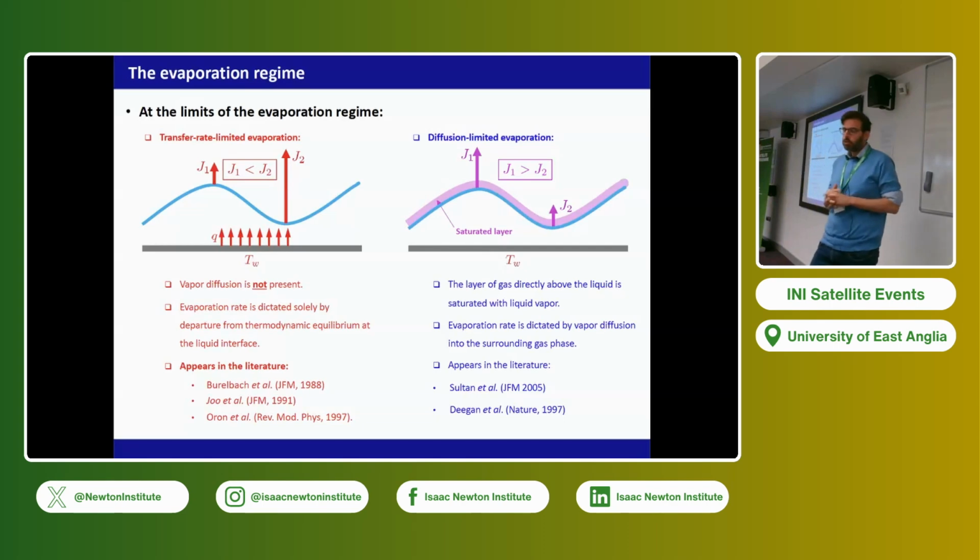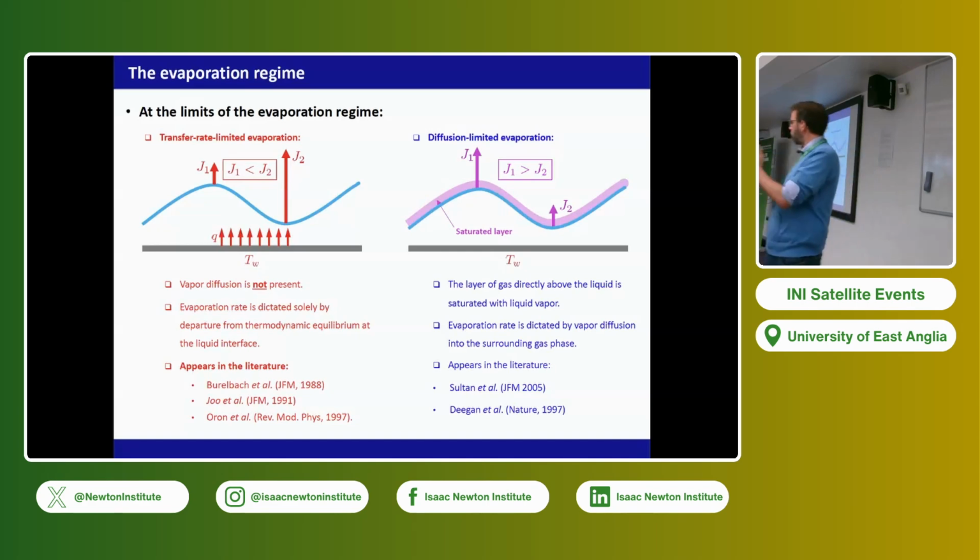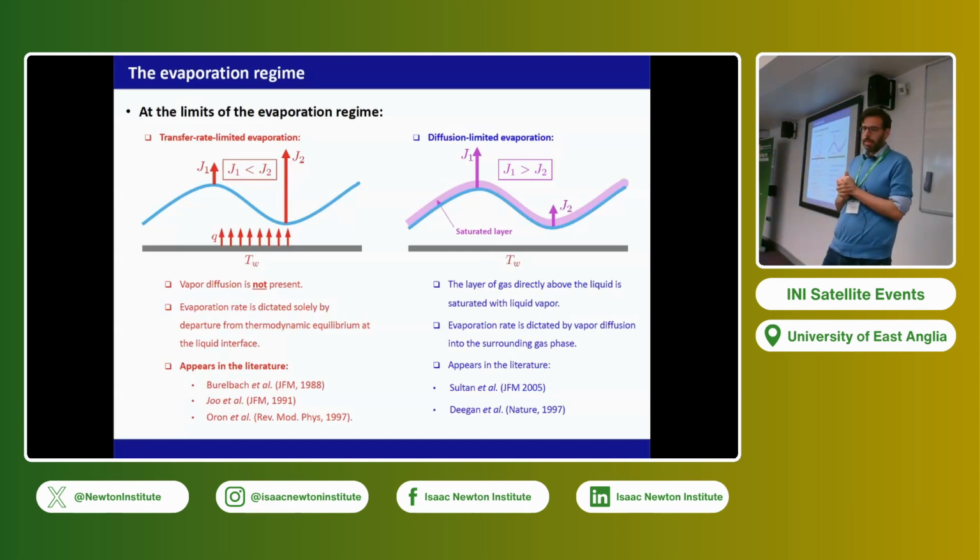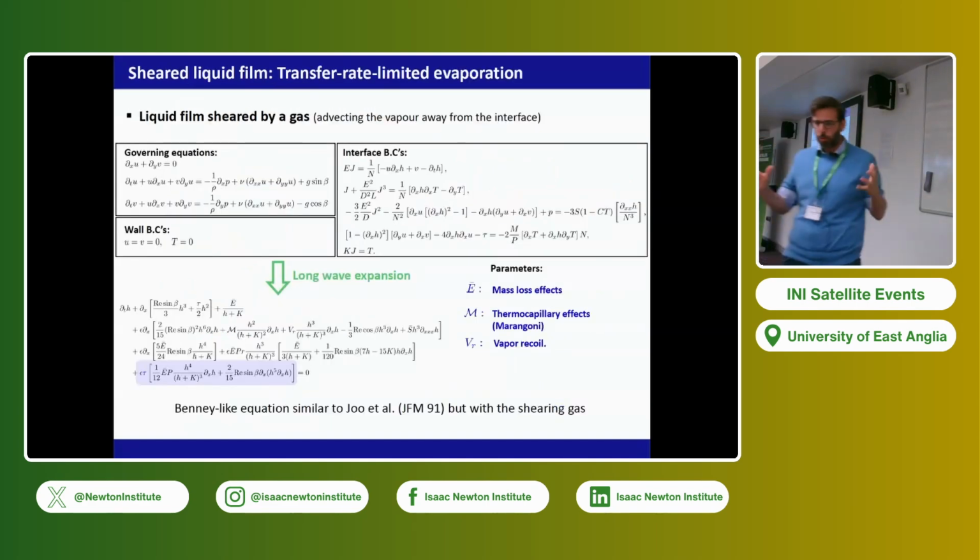Here I cite Sultan et al. Their model is a bit more comprehensive, but anyway, just to give an idea. And also the famous paper on droplets, Deegan et al., also cited yesterday in the talk of Madeleine Moore. Anyway, with this in mind, let's work out our equations.